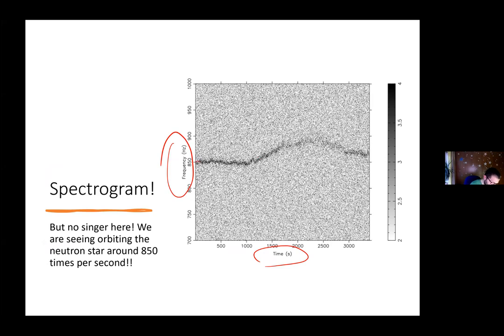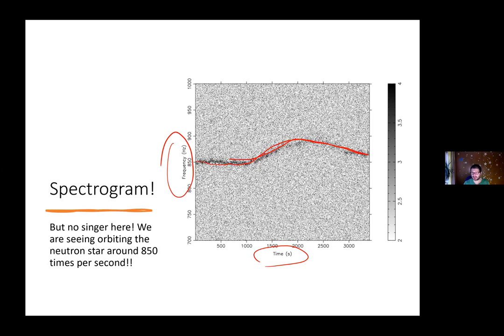And what you see here is the evolution of a signal that basically translates to about 850 rotations per second. So imagine rotating around a neutron star or even around the Earth, whatever, 850 times per second. We are able to see that. And that tells us how gas falls onto the neutron star and interacts with those magnetic fields.